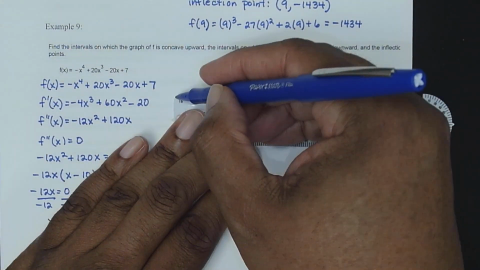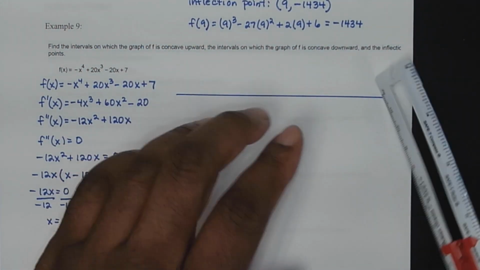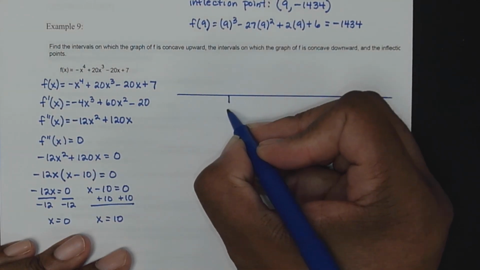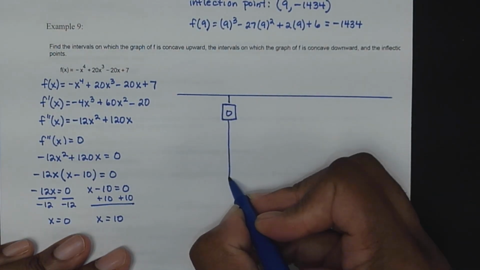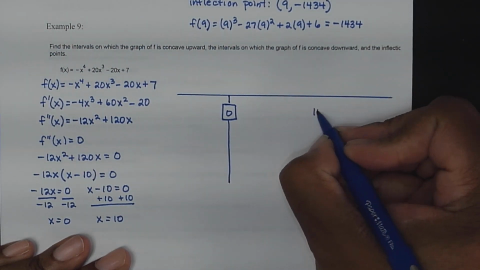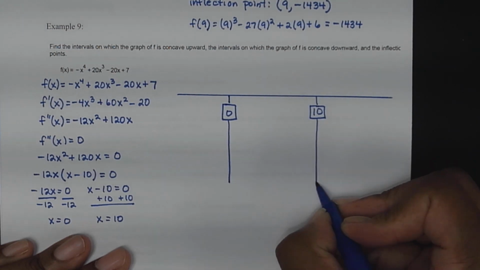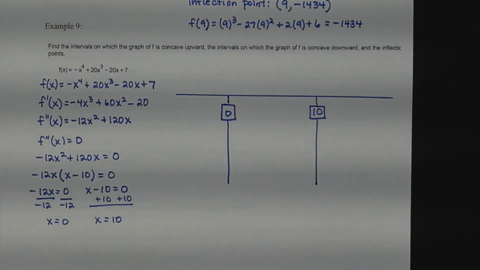Now, let's check for their concavity. I'm going to say 0 is here, say 10 is here. Now, I have three different intervals going on here.